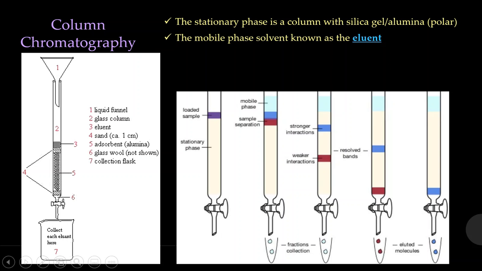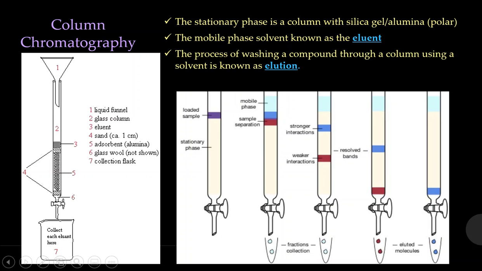The mobile phase solvent is known as the eluent, I think. Eluent. Took me a moment to get that back in my head. Because the process of washing a compound through the column using the solvent is known as elution.